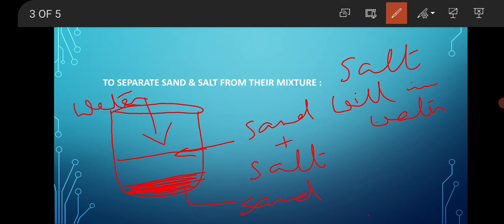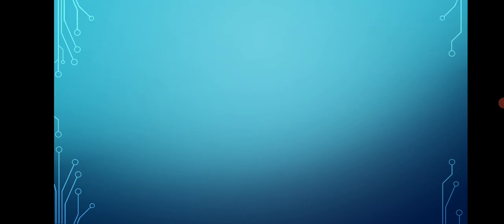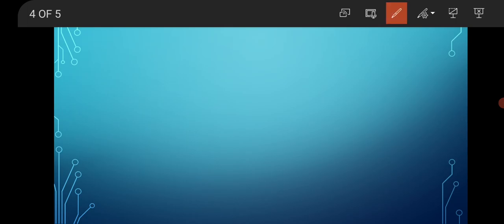And there is a layer just above the sand, which is the water layer along with salt. Clear? Now what do we have to do? We have to separate the sand by decantation and filtration.